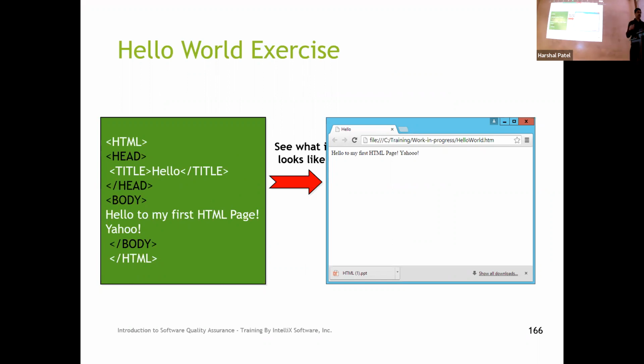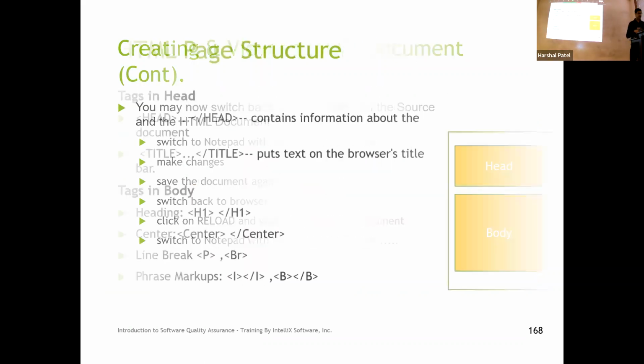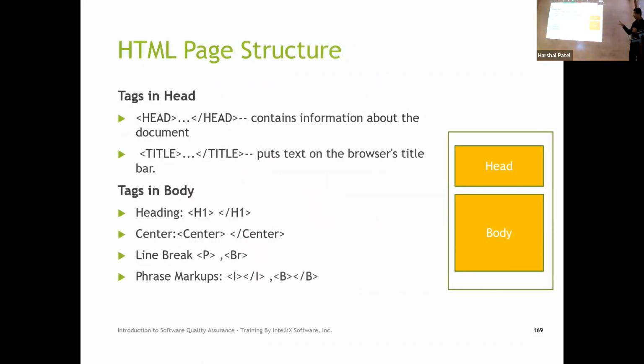If I'm trying to do a login, it'll ask me to provide information. So how do I do forms in HTML? How do I do that kind of interaction within HTML? That's done through some additional tags. We already talked about this structure: there's a head and then there's a body.